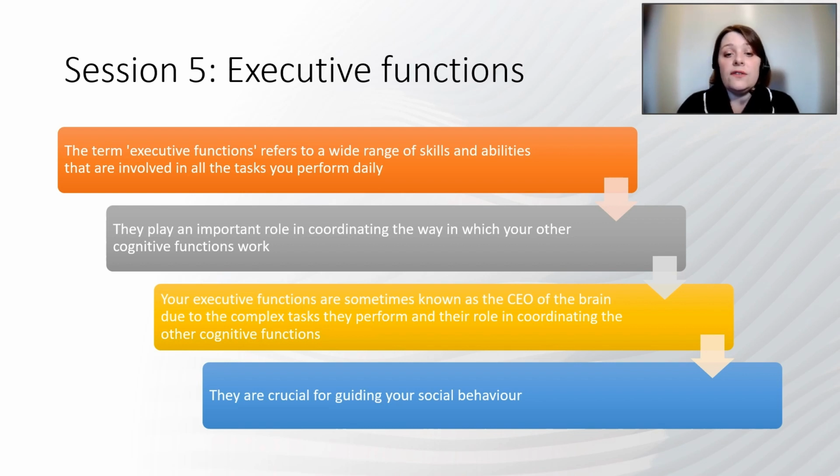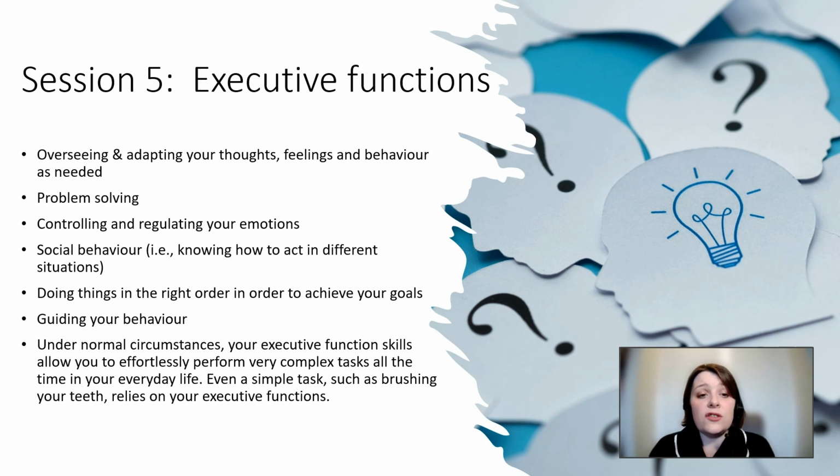We know that executive functions also have an important role in coordinating our social behaviour. We also spoke about some examples of executive functions. As a recap, a few of the examples that we discussed were the way executive functions oversee and adapt your thoughts, feelings and behaviours as needed, and change in relation to changing circumstances.